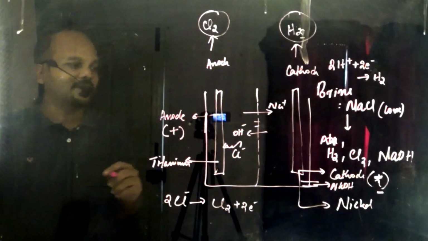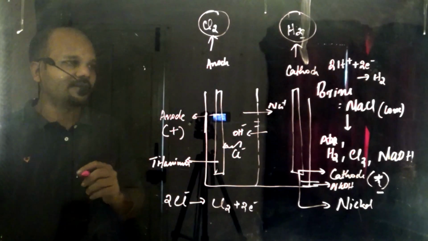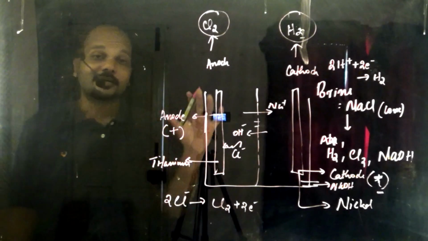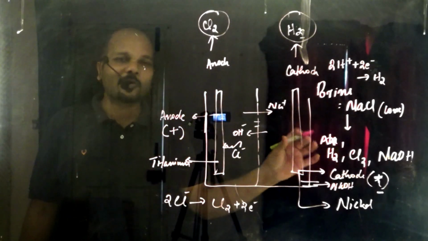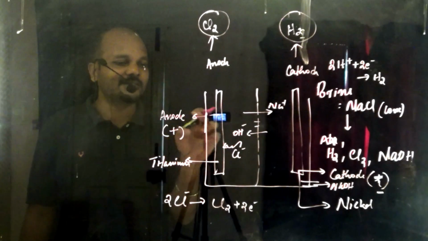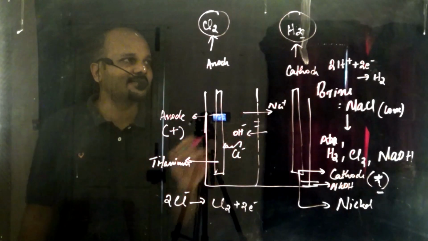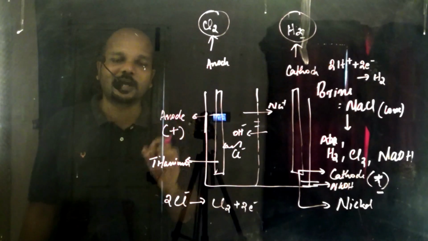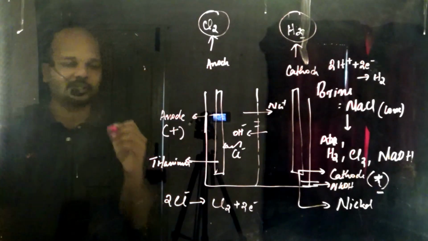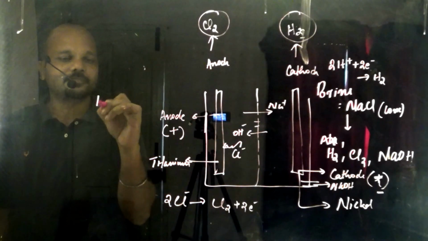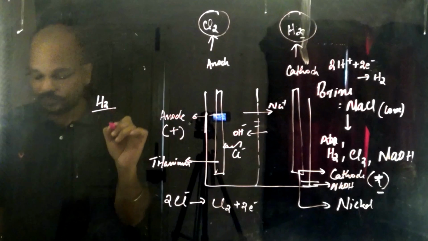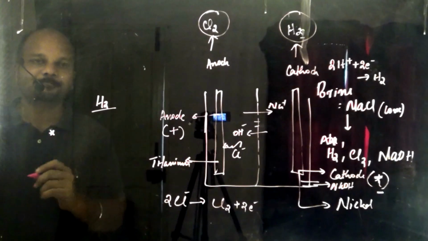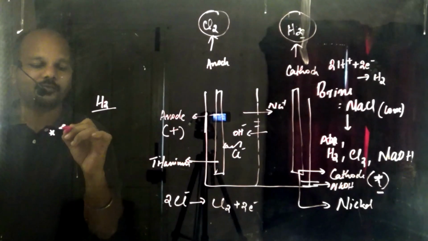Now we will go into the importance of electrolysis of brine. As I told you, every product in the electrolysis of brine, what is generated at the anode and at the cathode, has some significance. For example, hydrogen gas. Nowadays hydrogen is a very good fuel.